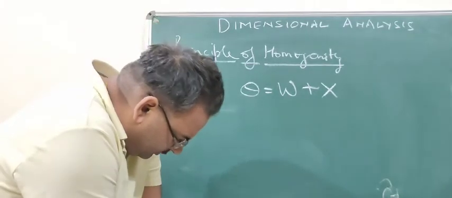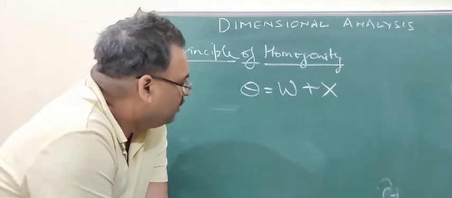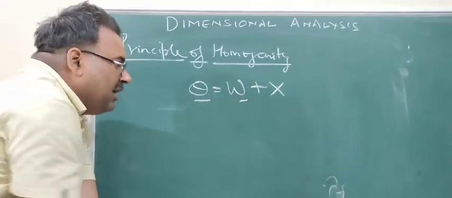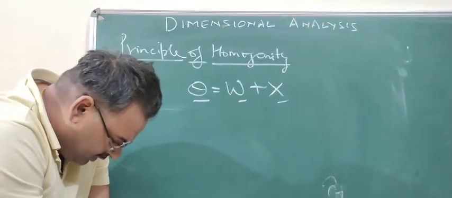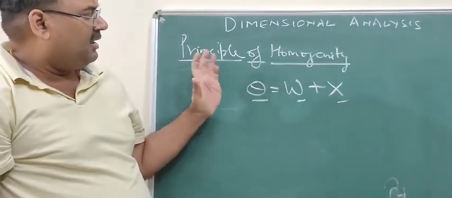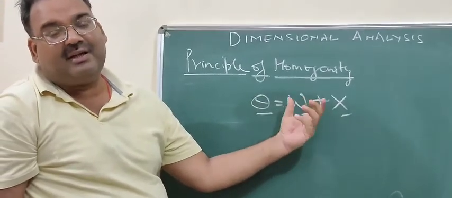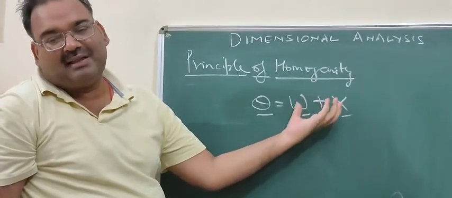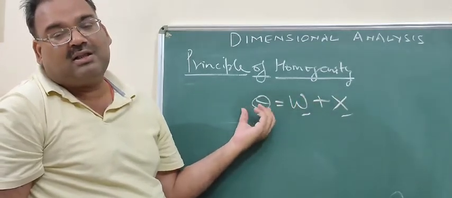Now, in this equation, whatever is the dimension of Q, the dimension of W should be the same as the dimension of Q, and the dimension of X should also be the same as the dimension of Q. So principle of homogeneity means that the dimensions on the left hand side and the right hand side are equal, and if there are a number of physical quantities along with plus or minus sign, then each independent physical quantity should be equal to the dimension on the left hand side.